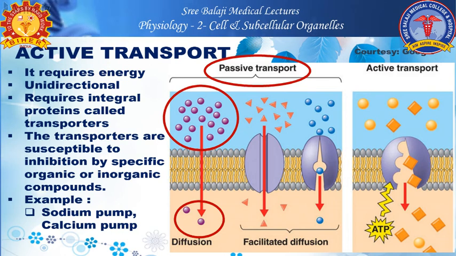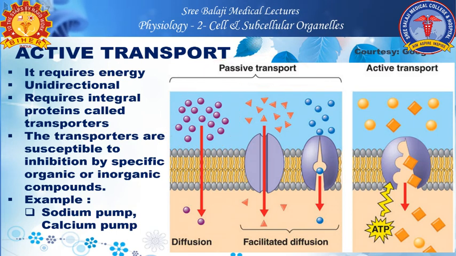In simple diffusion, no carrier is required, whereas in facilitated diffusion, some carrier is required to take the solute across the membrane, though it is from higher to lower concentration. Diffusion can operate bidirectionally, whereas in active transport it was only in one direction.